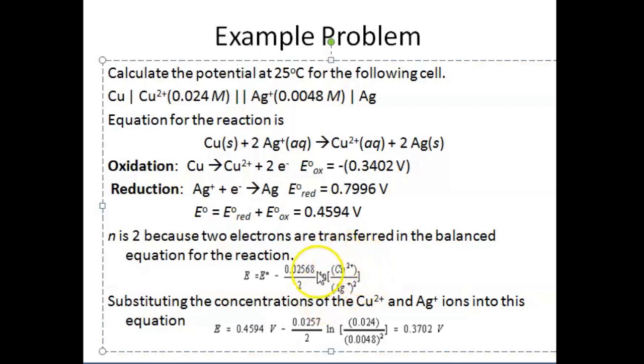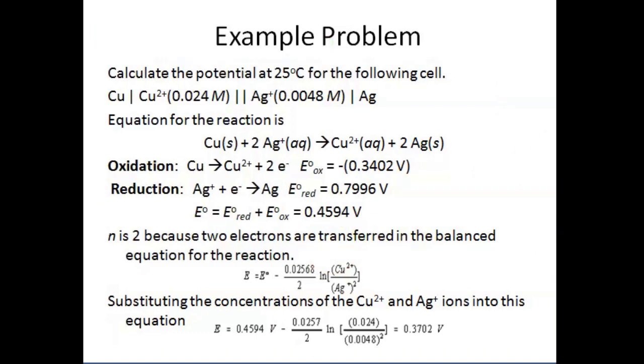If we substitute the values of Cu2 plus and Ag plus squared in the equation, we can calculate the potential, which is equal to 0.3702 volt. Hence, this equation is helpful in calculating many numericals, and the Nernst equation is a very important part of the chapter on electrochemistry.